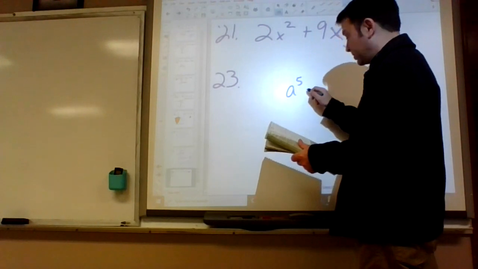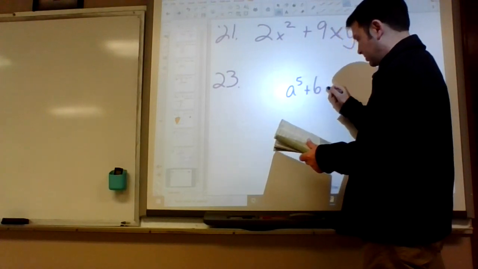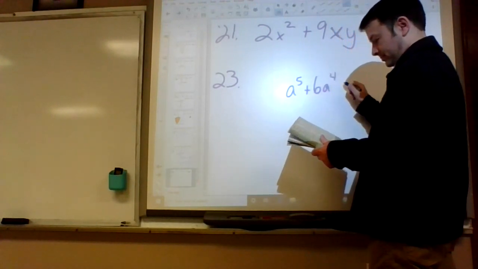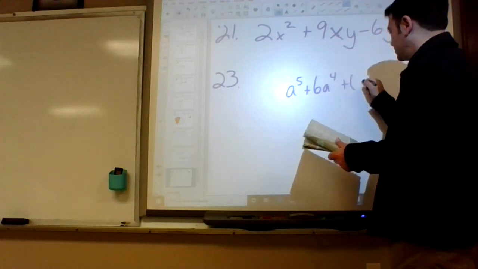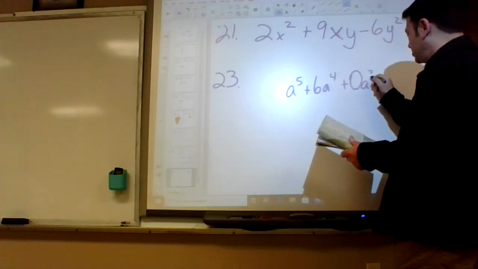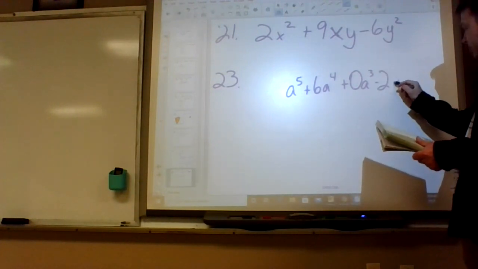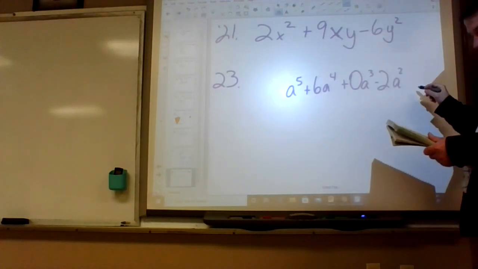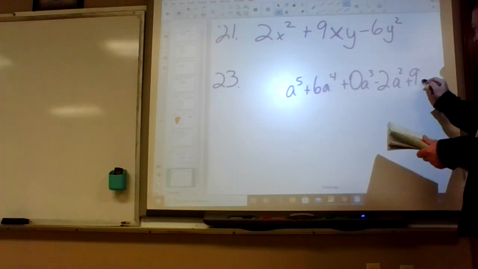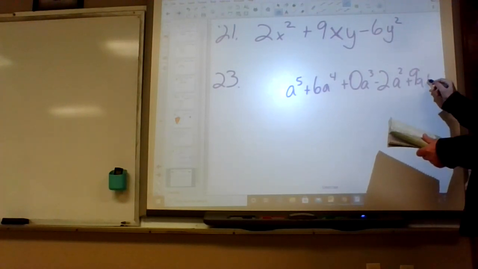Let's see if we can get this done in time. Okay, there is no a cubed term, so I'm going to put plus 0 a cubed. That's only one of the problems with 23. I never made us go this far on the homework, and here you're about to see the reason.